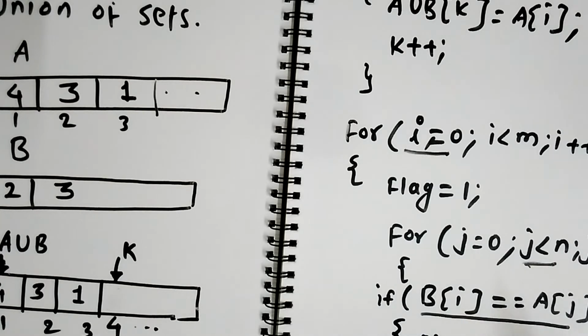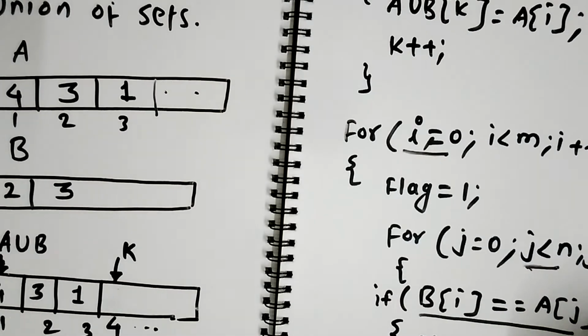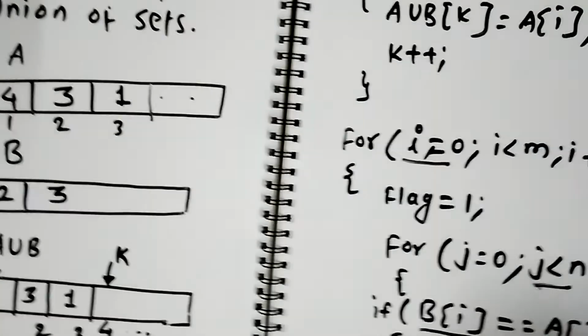So I'll check the value of flag. If I find flag to be 1, the element is not there in the array. But if I find flag 0, the element is present in this array. So I'll simply check what the flag is.